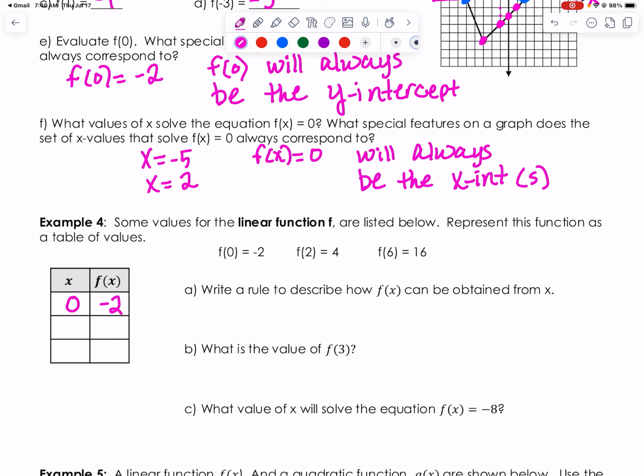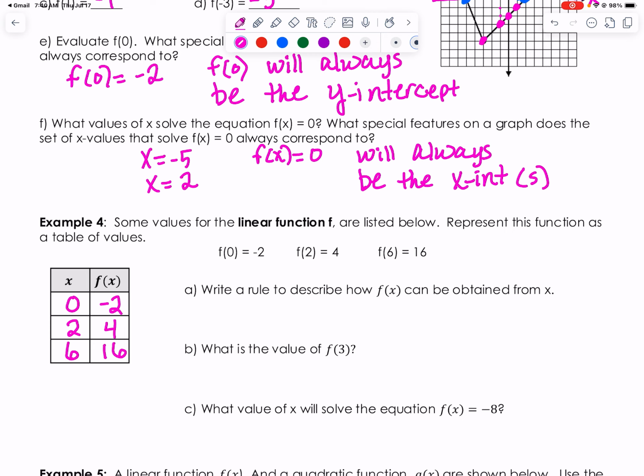If you put in a 2 to this function, you're going to get out a positive 4. And if you put in a 6, you're going to get out a 16. So that's how we can represent points that are represented in function notation, how we can represent it as a table.